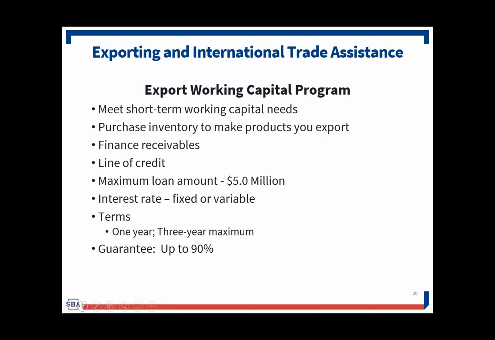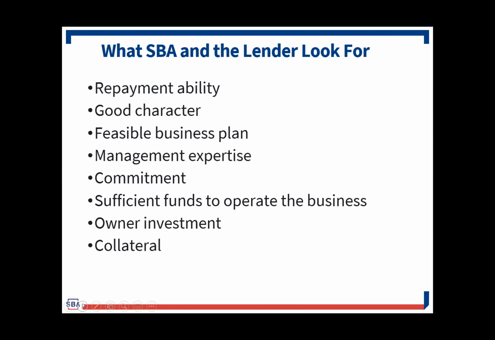It can be used as a line of credit. Again, $5 million maximum loan amount. The terms are generally 1 year, because it's a short-term loan with a 3-year maximum, and SBA guarantees 90% regardless of the amount.